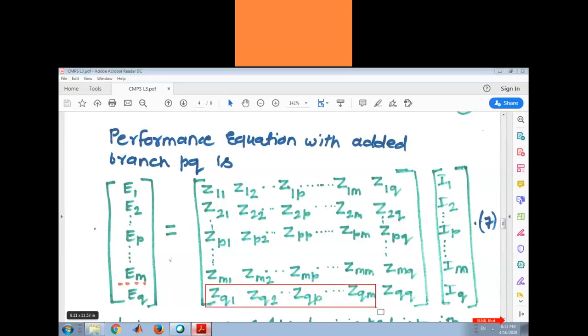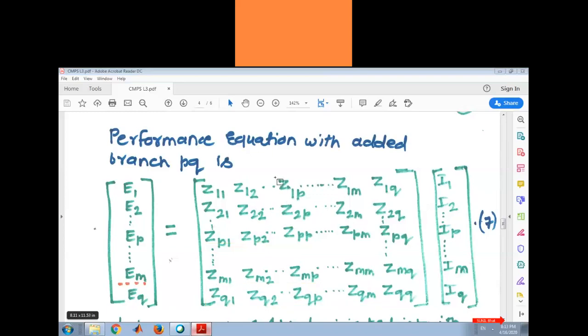You can copy this element. Whatever this element is, this is equal to that. Similarly, whatever is this element, this is equal to this.